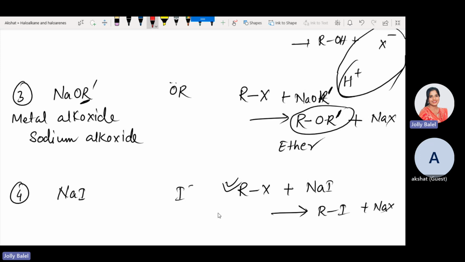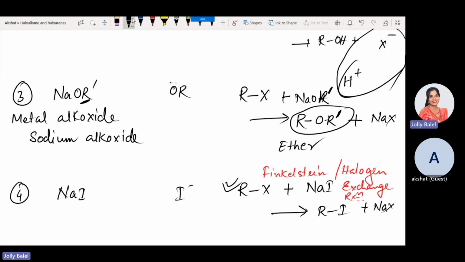Have you seen this reaction earlier in this chapter? Yes, we had, the Finkelstein reaction, remember? The halogen exchange reaction. So that's why I mentioned it again.